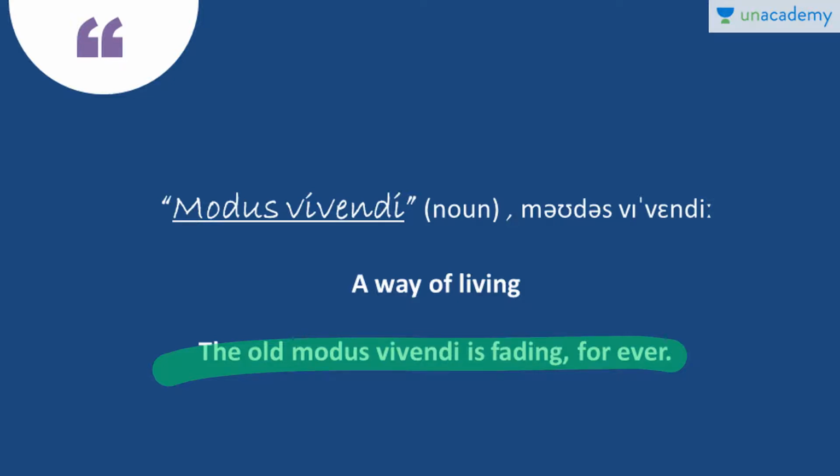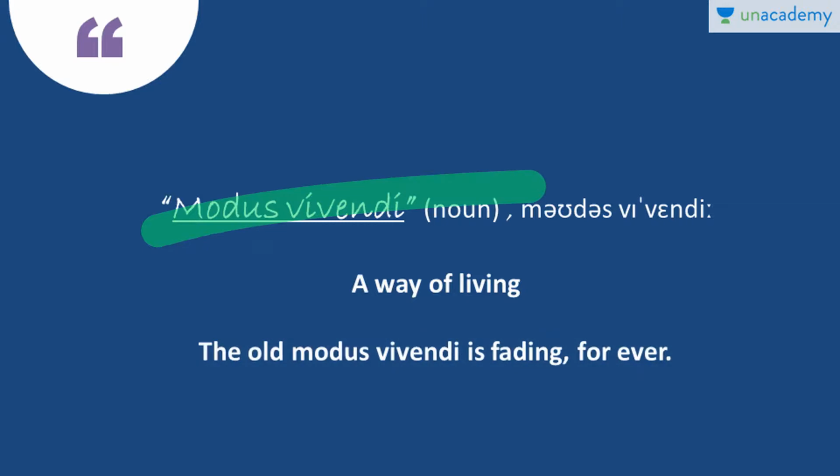We come to know that these lives are poles apart, just opposite to each other. We used to live a different life, and now we are living a completely different life. So the old modus vivendi, the old way of living the life, is fading forever, isn't it? So this is modus vivendi, a way of living.